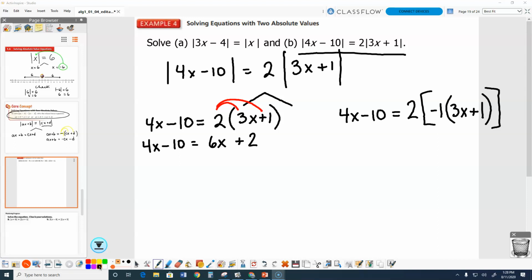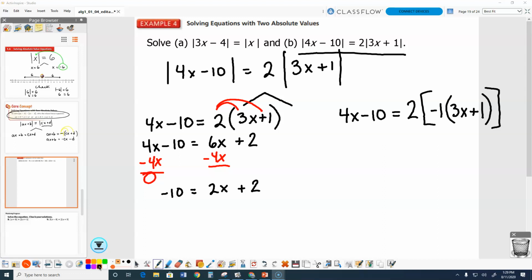I personally like to move the letters first, and I like to move the variable that has the smallest coefficient. So I'm going to move the 4x, and to do that, I'm going to subtract 4x on both sides. 4x take away 4x is 0. That's what I want. 0 take away 10 is -10. And on the other side, I have 6x minus 4x. That is 2x. And then I've got my plus 2.